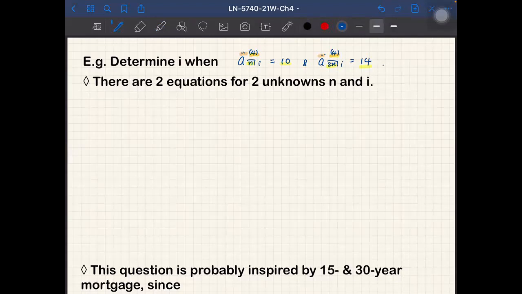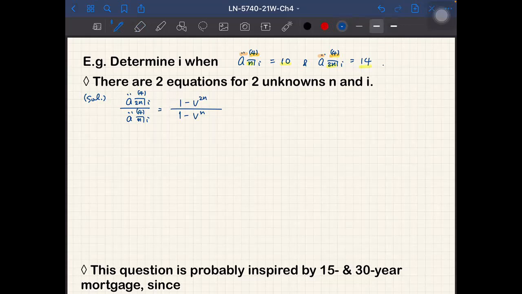Okay, so solution. At first we take the ratio, then we can cancel it. So a double dot 2n superscript 4 over a double dot angle n superscript 4 is equal to 14 over 10. Before that, this is equal to 1 minus v to the power 2n over 1 minus v to the power n.